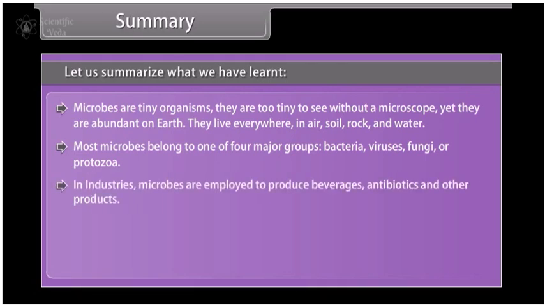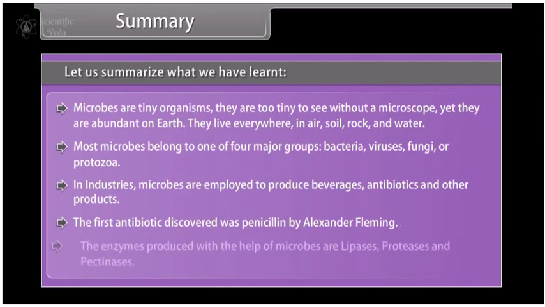In industries, microbes are employed to produce beverages, antibiotics and other products. The first antibiotic discovered was penicillin by Alexander Fleming. The enzymes produced with the help of microbes are lipases, proteases and pectinases.